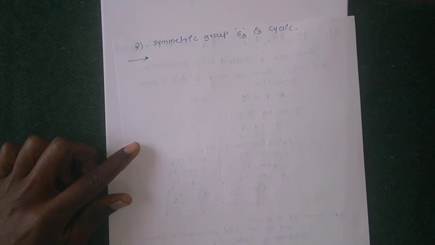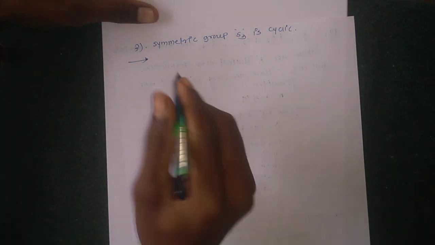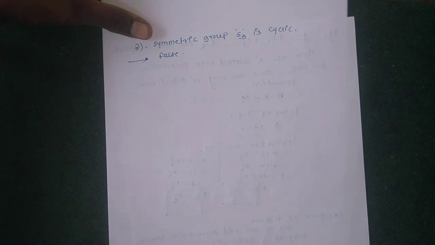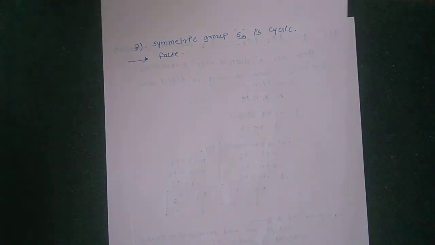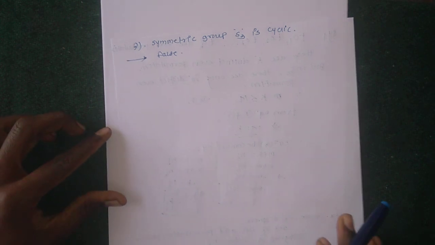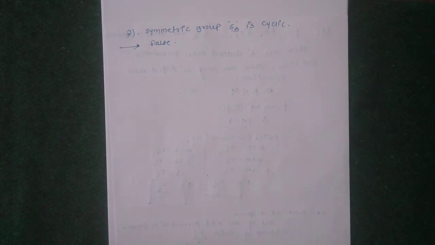One is the identity and the other elements were seen in the previous lecture. So the symmetric group S3 is not cyclic, because S3 has no generator, or other results can also be used. So this statement is false: S3 is not cyclic. Its proof will be seen in the next lecture.